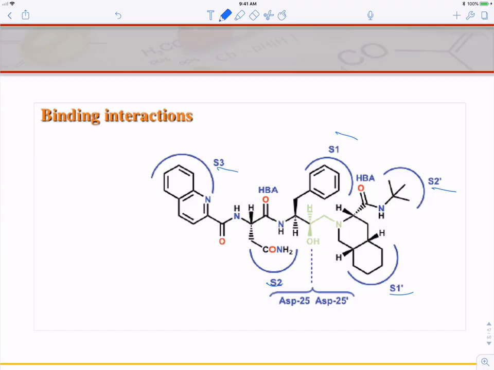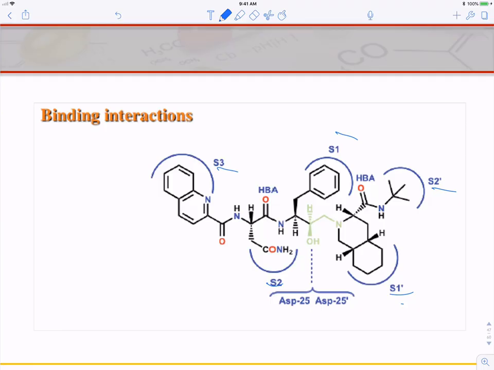These are sites that are usually occupied by the side chains of the amino acids involved in the reaction. And here we are using different groups, and particularly for S1 prime, S2 prime, and S3 that are not amino acids. What else? From here, though, we couldn't reach the S3 prime subsite.